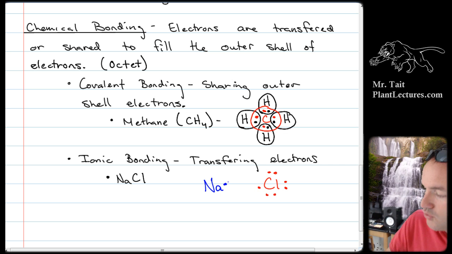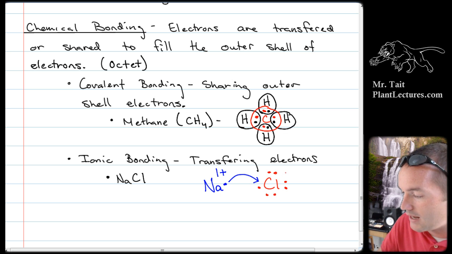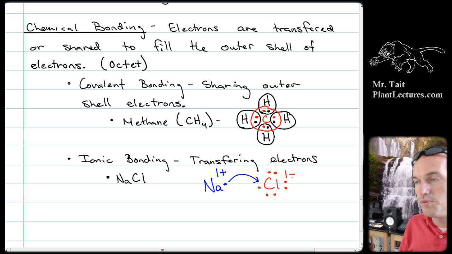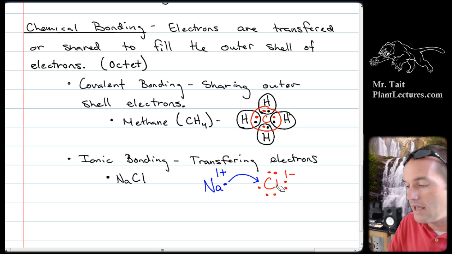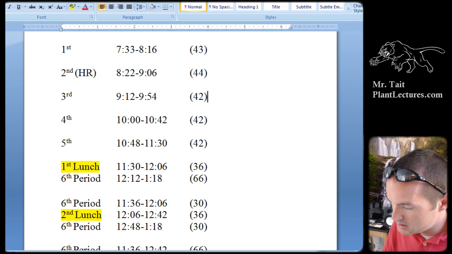And so the sodium just transfers its 1 electron out here. And if it has 1 less electron now, electrons have a negative charge. So that means that the sodium ends up having a positive charge, because it's got 1 less negative charge now. And then the chlorine is going to end up with a negative charge. And so we end up with what's called a sodium ion and a chloride ion, okay? Which makes sense because this is ionic bonding, right? And ions are formed in ionic bonding, right? Make sense?